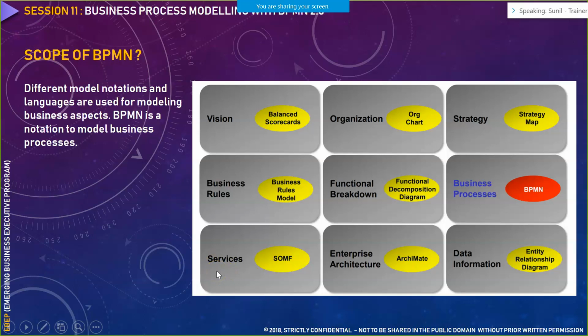Any web services or any third party payment gateway system that you are interacting with would be depicted with the help of services. Then we have the enterprise architecture, how you architect your business processes with the help of swim lanes, flows, users, depending on your needs and your requirements.